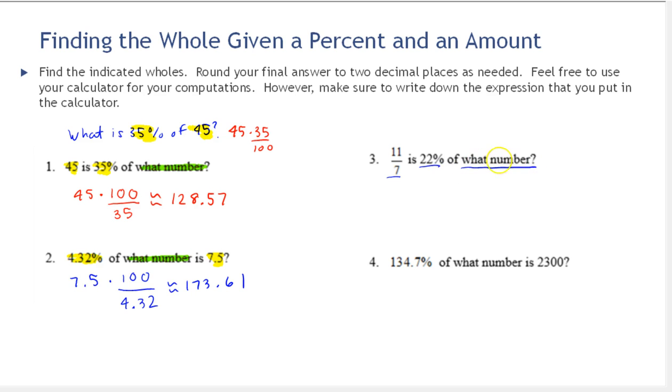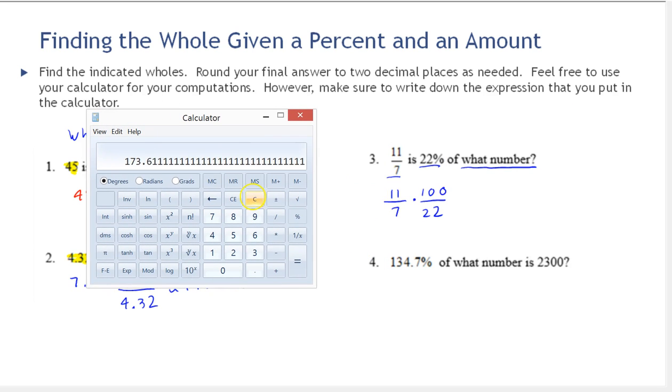So again, what number is our goal, which is the whole? This is the amount, 11/7, multiplied by the percent I want, which is 100%, which is the whole, divided by the percent I have. So here we're multiplying two fractions. We can still do this on the calculator, but I want to make sure you remember something.